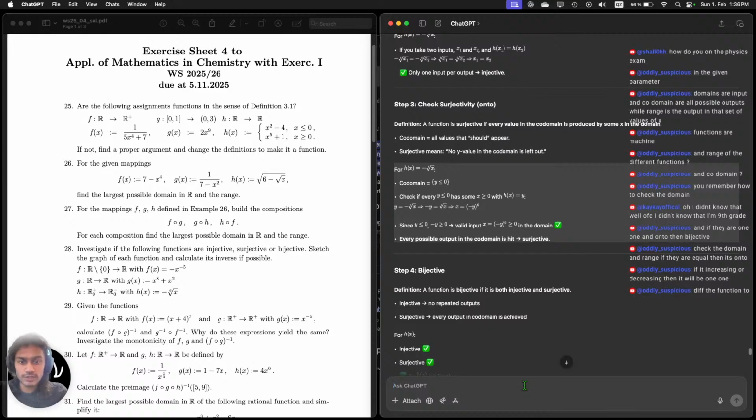How did you do on the physics exam? I'm glad you asked. There were a total of 6 questions, and I attempted every question. The first question was plotting a graph, and there are 3 types of growth with respect to time: linear, power, and exponent.